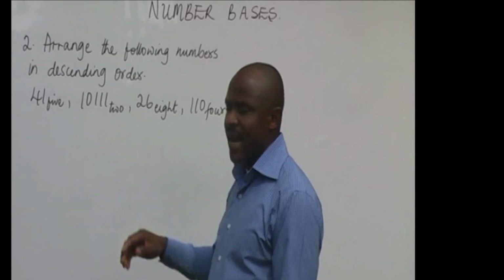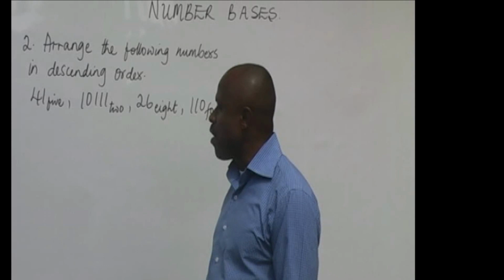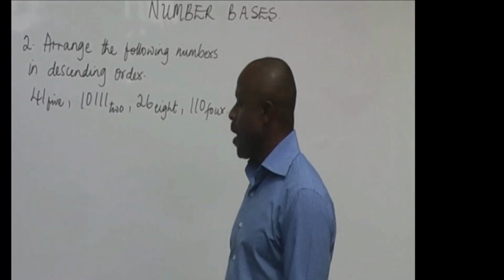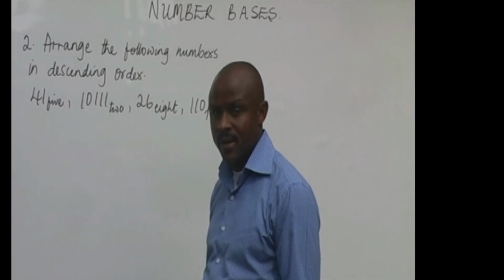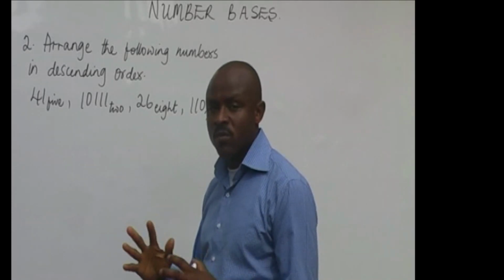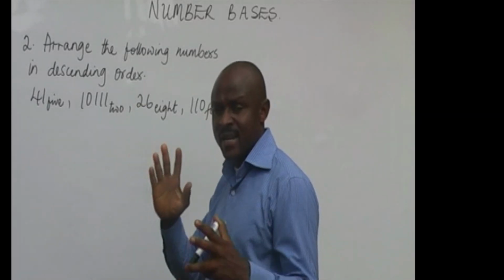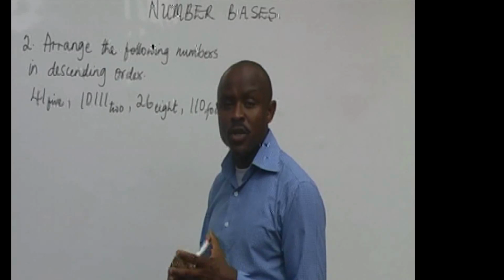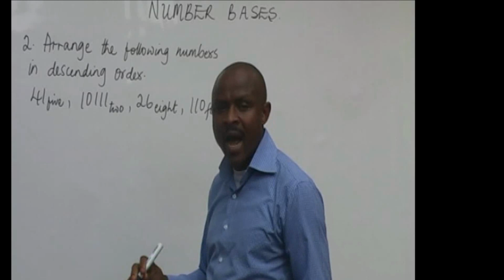Alright, if you are given something like this, the first thing you do is try to convert the whole of the numbers in their different bases, convert all of them to base 10. That is when you will know what values they have. And converting numbers in different bases to base 10 is done by expanding them in their bases, and adding them up.